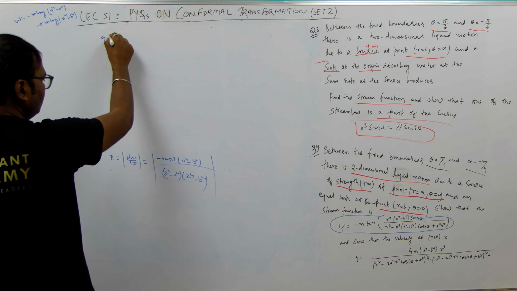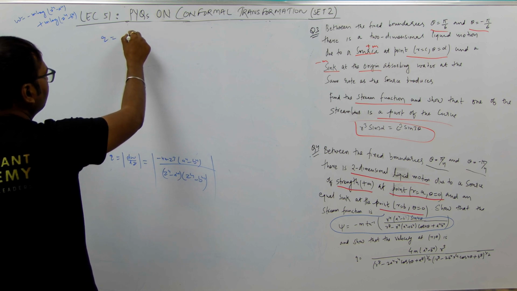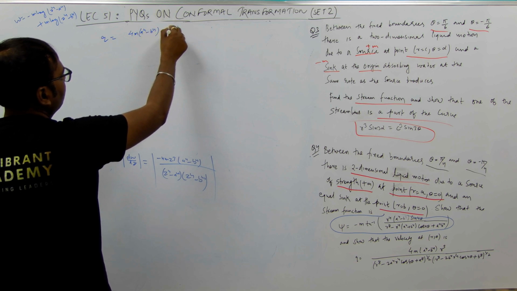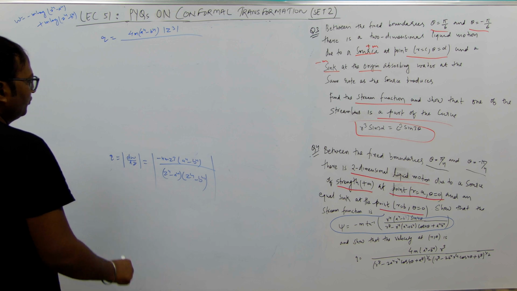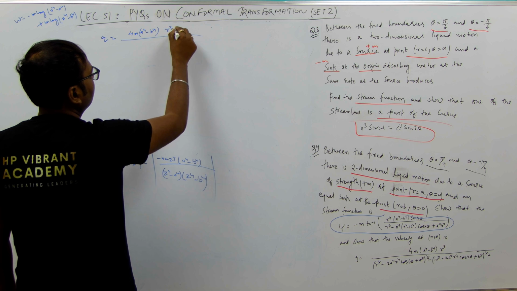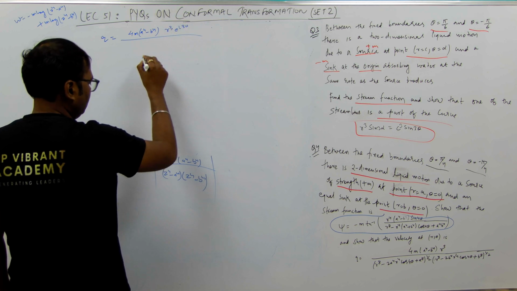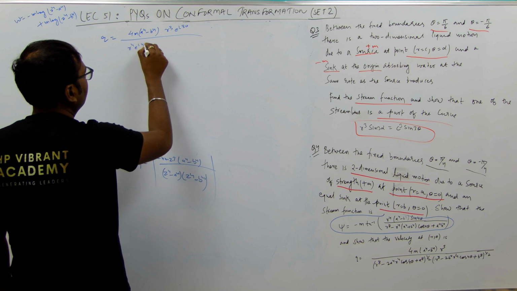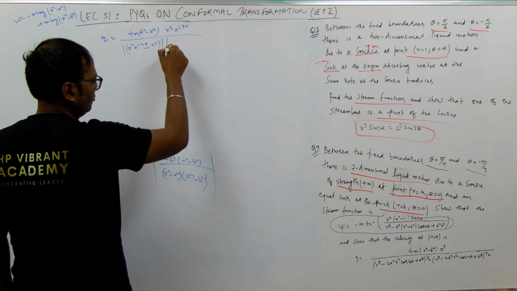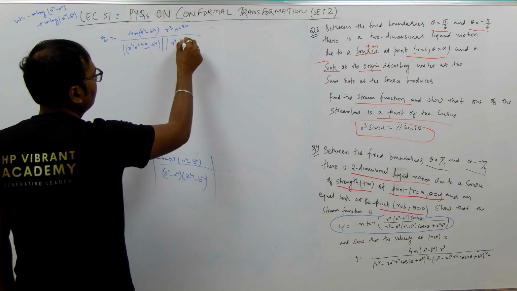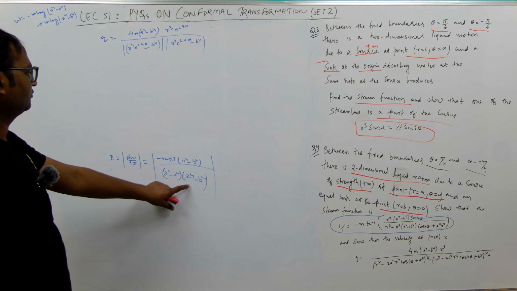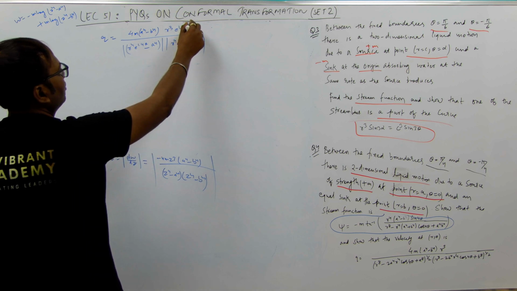Q is equal to 4m (a^4 - b^4) mod of z^3 upon, let us put z equal to r e^(i theta), so r^3 e^(i 3 theta), and this is mod of (r^4 e^(i 4 theta) - a^4) into mod of (r^4 e^(i 4 theta) - b^4), and this is whole mod.